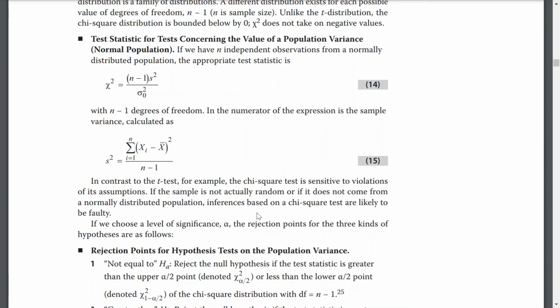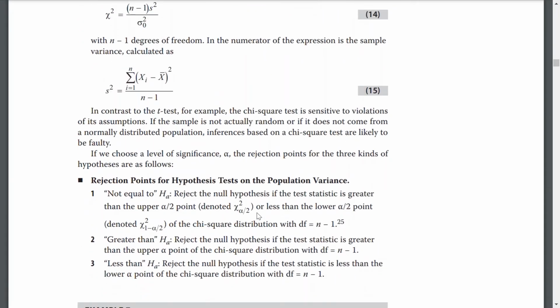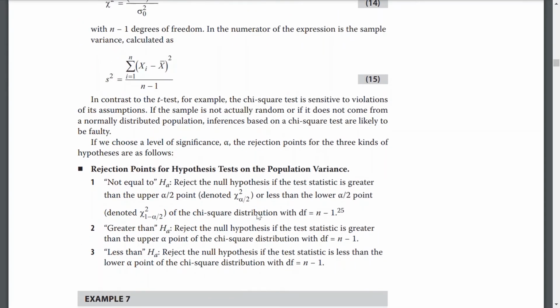In contrast to the t-test, the chi-squared test is sensitive to violations of this assumption. If the sample is not actually random, or if it does not come from a normally distributed population, inference based on the chi-squared test is likely to be faulty.